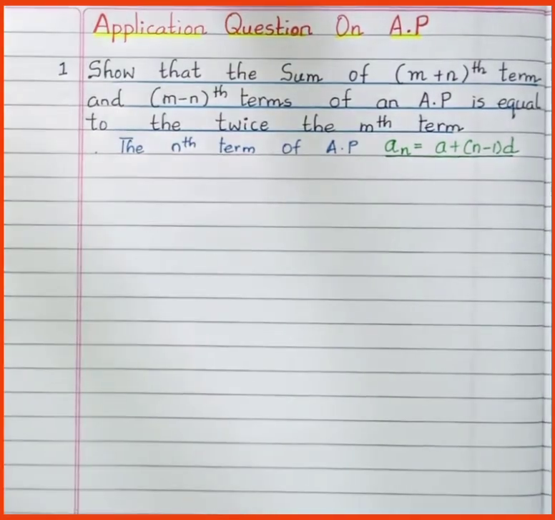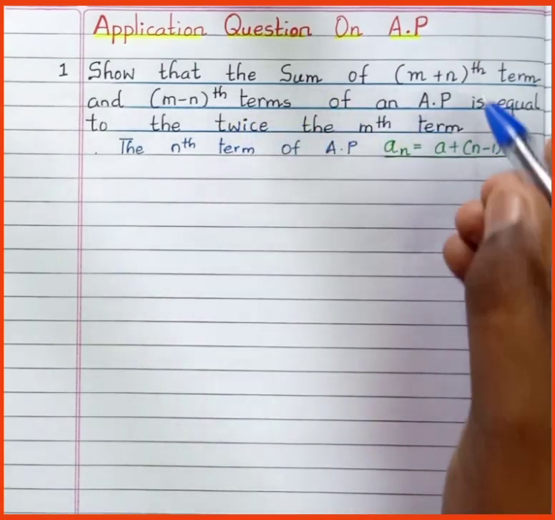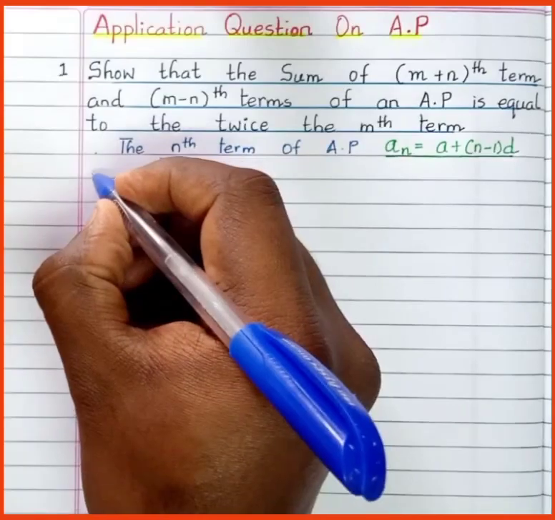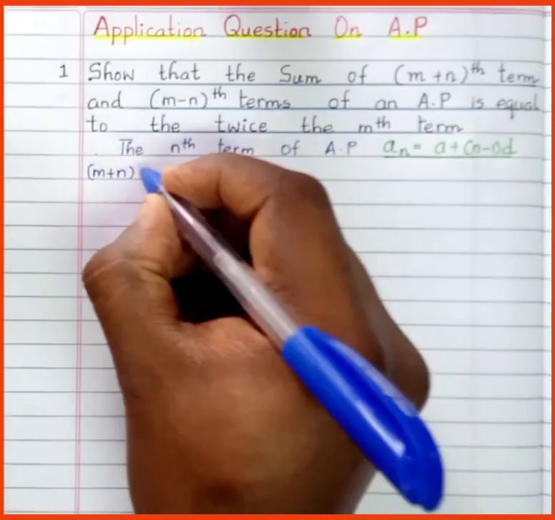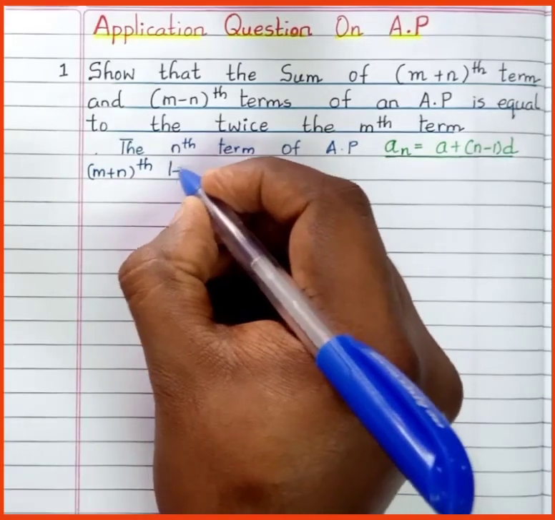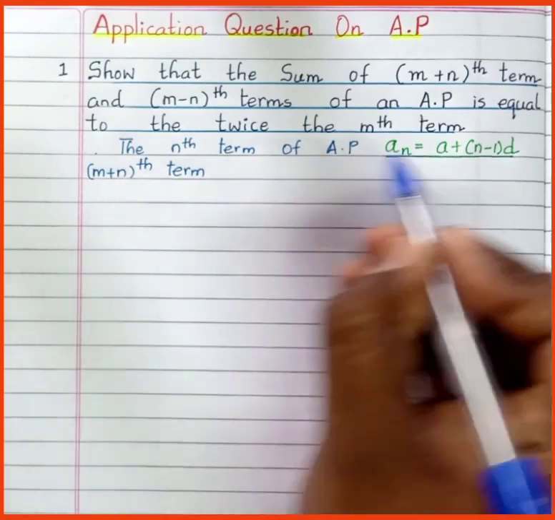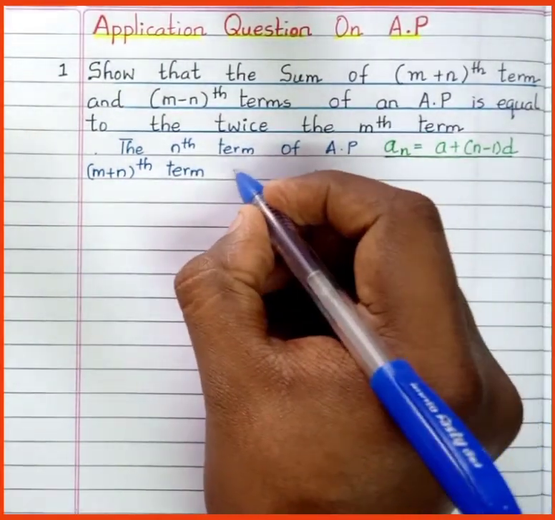So, in the given question, the given data is the m plus nth term. Therefore, I'll replace n by m plus n. That is, the m plus nth term is nothing but, in the nth term formula, just replace n by m plus n.